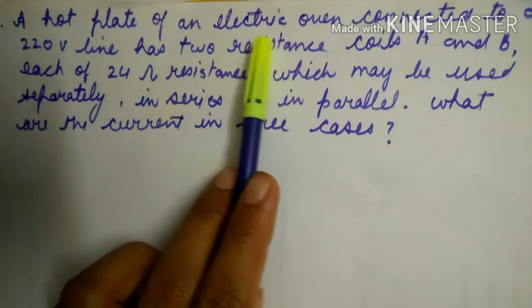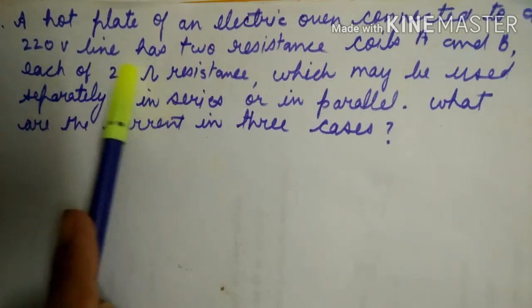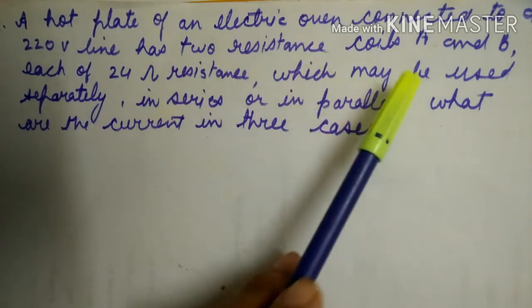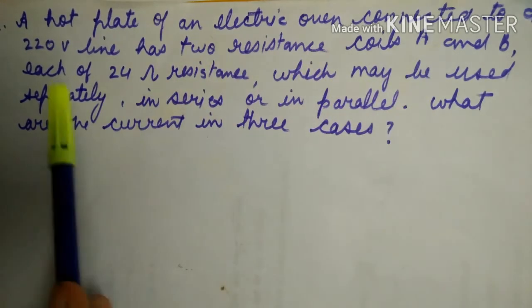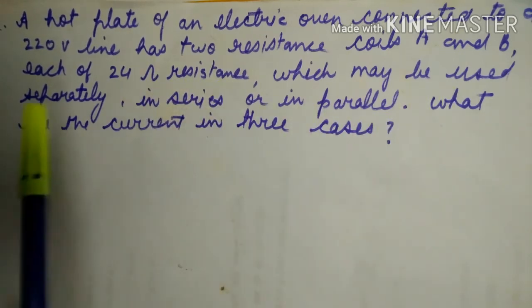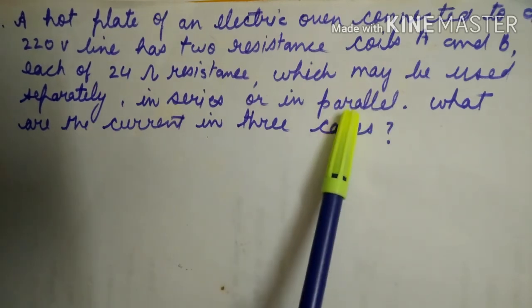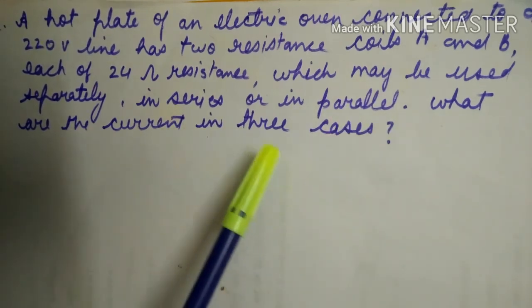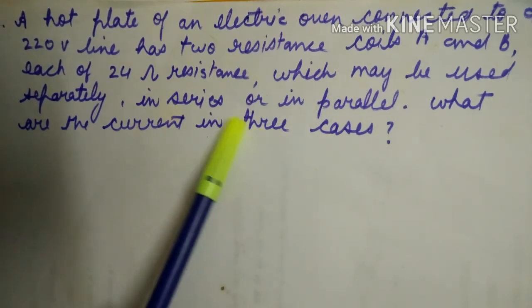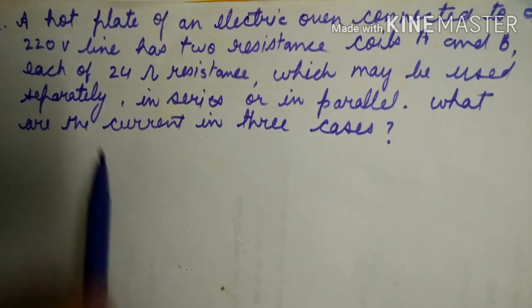A hot plate of an electric oven connected to a 220 volt line has two resistance coils A and B, each of 24 ohm resistance, which may be used separately, in series or in parallel. What are the currents in three cases? Means in this question what we have given?